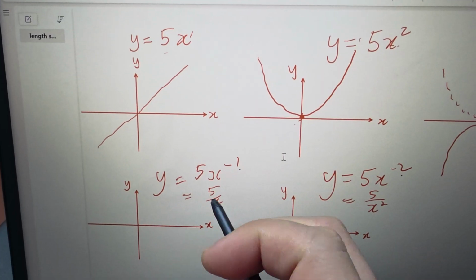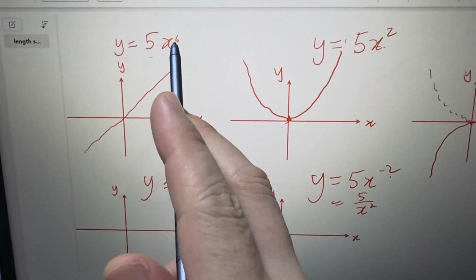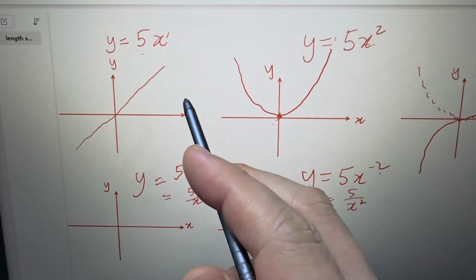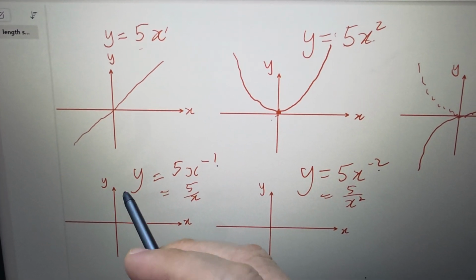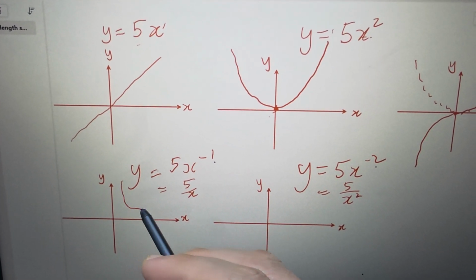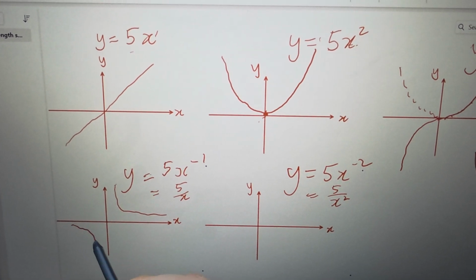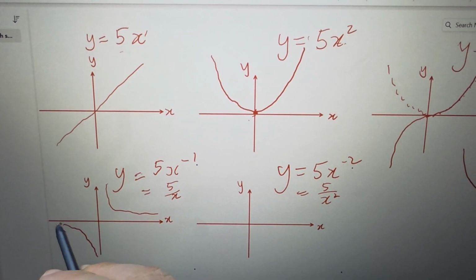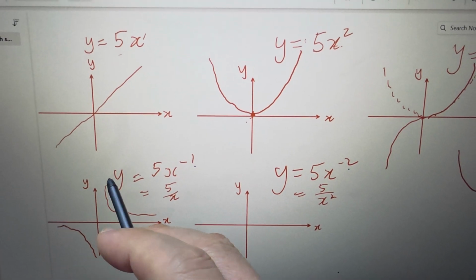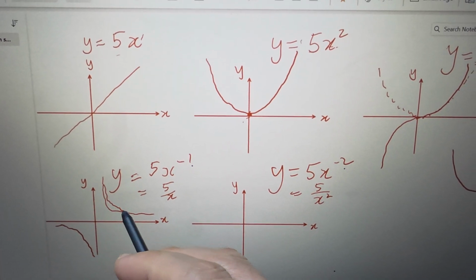So when it's 1, you follow here and here. It's the same for this, here and here. So this is what you have here, and it looks like a boomerang.